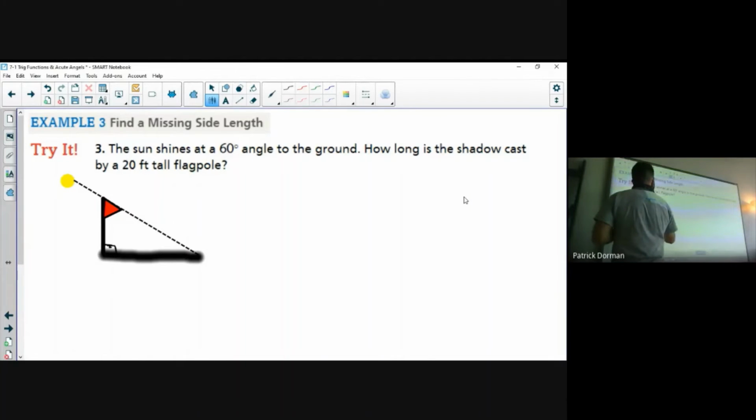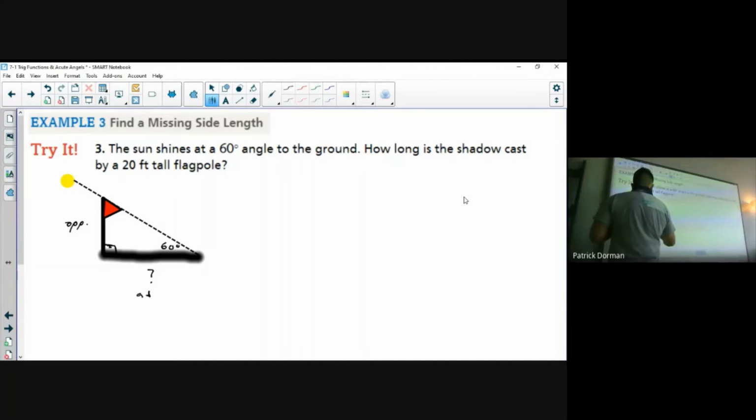We would like to know how long that is, right? We know it's a 60-degree angle to the ground, so we know that this is 60 degrees, which means that we're going to use this as our opposite.